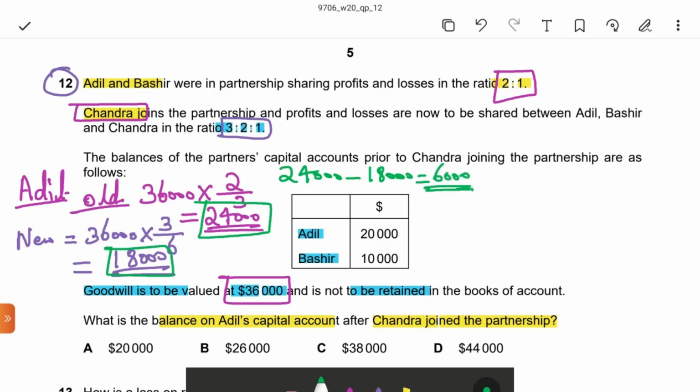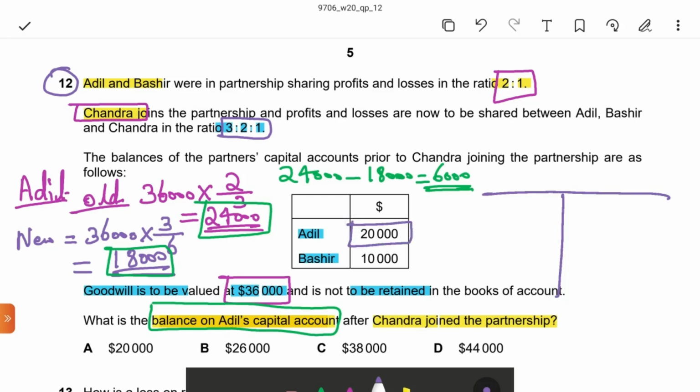So what is our question? The question is the balance of partners' capital account prior to Chandra's joining, and what is Adil's capital account balance? So we can do Adil's capital account. Adil's capital account balance brought down 20,000, and the sacrificing partner's capital account will be credited.